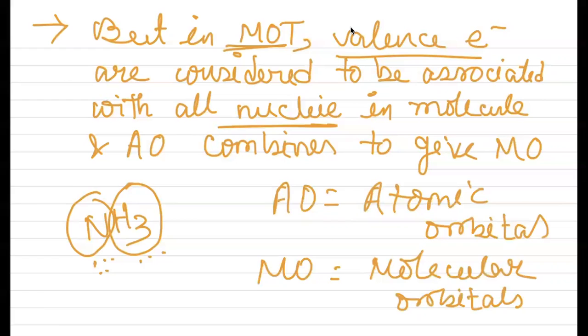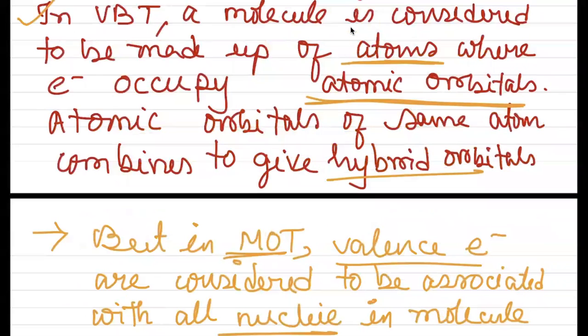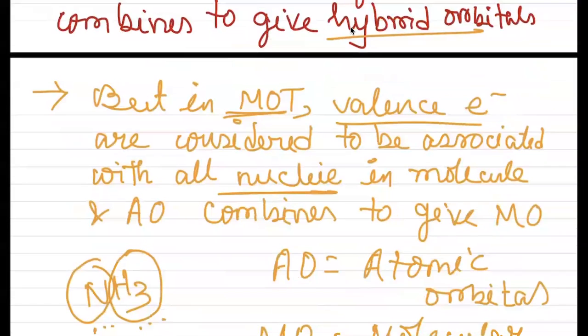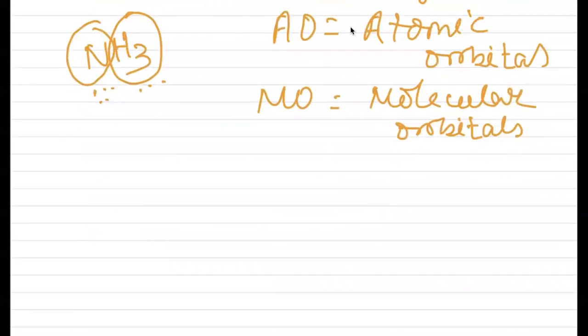In atomic orbitals, the orbitals of an individual atom are considered, but in molecular orbitals, the orbitals of the total molecule are considered. Clear?